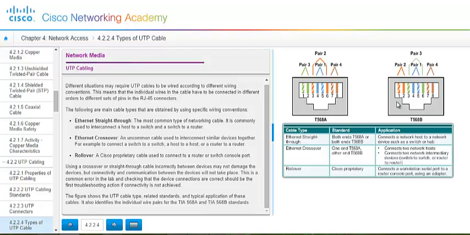This is going to connect two network hosts, or it will connect two network intermediary devices such as switch to switch or router to router. Then you have your rollover cable. These are Cisco proprietary cables, and it connects a workstation serial port to a router console port using an adapter.